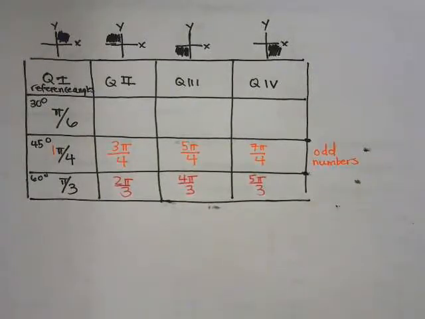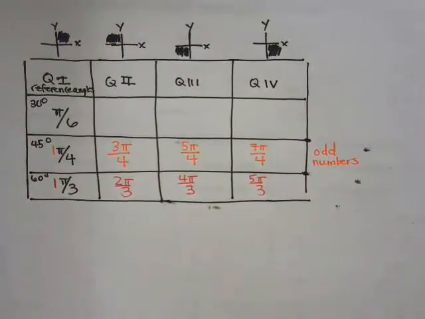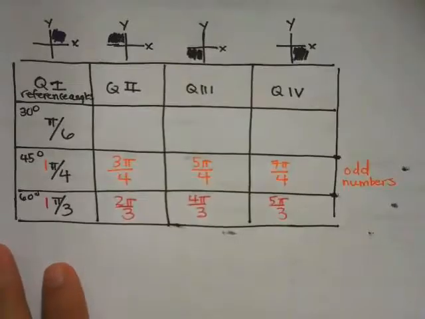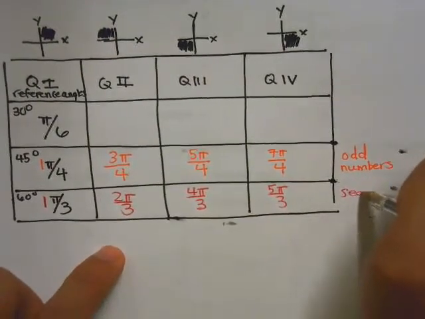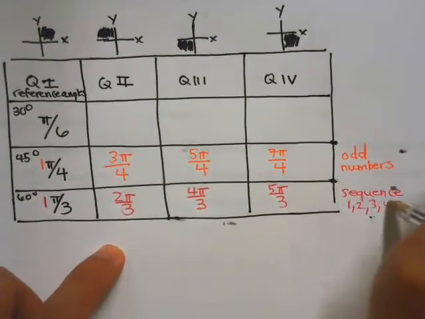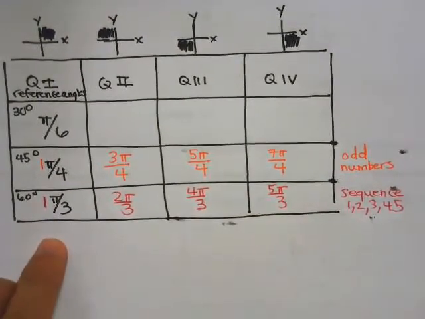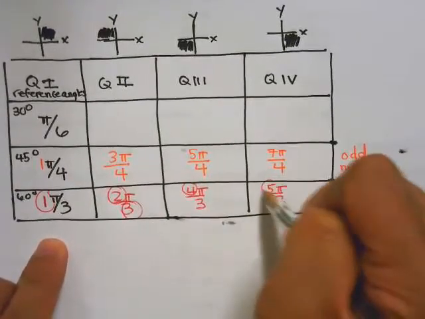Here's one way I've done, but you guys can use your own mnemonics or your own patterns as well. I usually think of a sequence. Sequence 1, 2, 3, 4, 5. What I mean by this is 1, 2, 3, 4, 5.